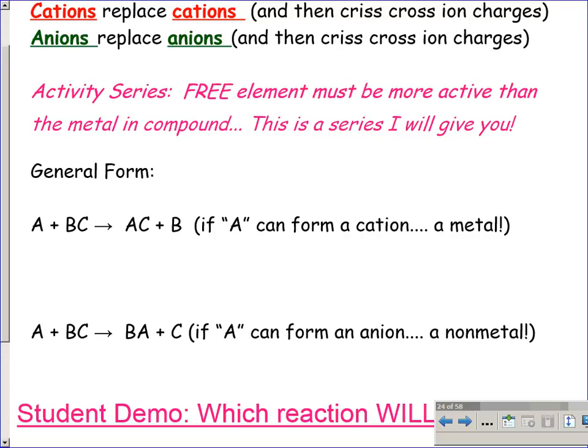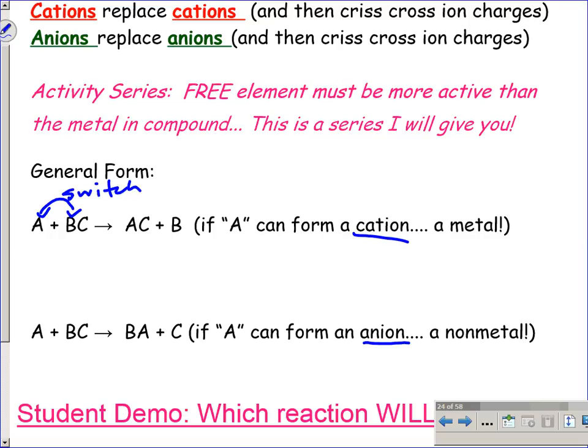This first example and the second example show a cation being replaced versus an anion being replaced. Let's go with B. What is A replacing in this general form? Who's it switching with? Switching places with B, right? So A and B just do a little switch.